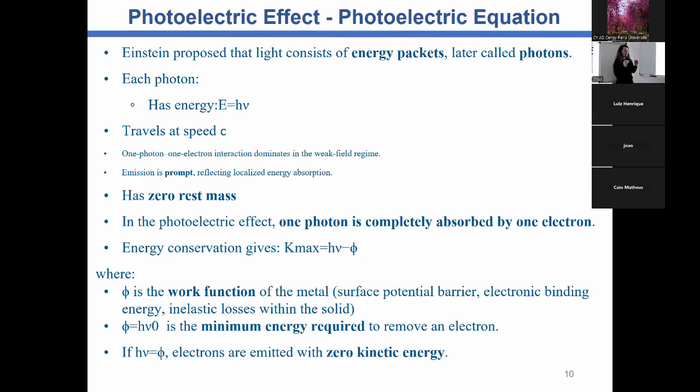And when the light interacts with the matter and has the same value as the minimal energy of the surface, there will be no kinetic energy of the electron that is released. So to observe the electron, we must give some energy higher than the energy of the surface.